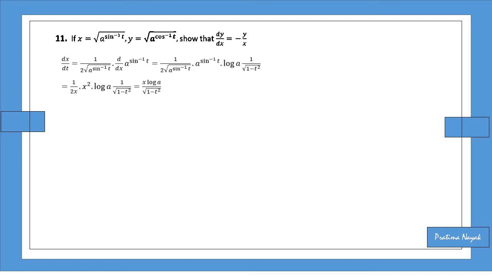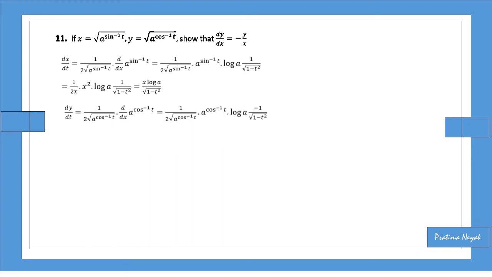Now coming to y. Y is equal to under root a to the power cos inverse t. I'll get dy by dt. It will be 1 upon square root function, 2 square root a to the power cos inverse t, into derivative of a to the power cos inverse t.